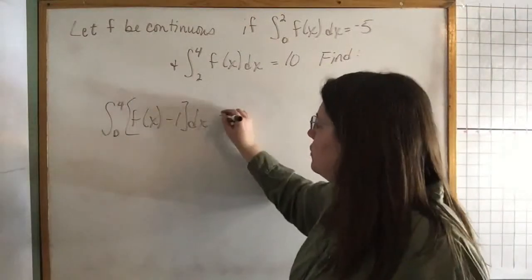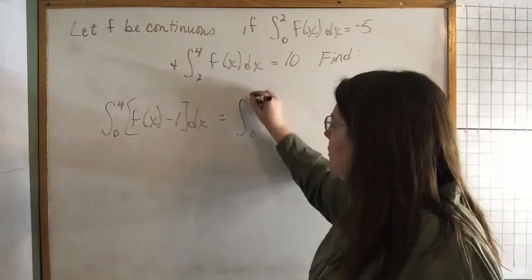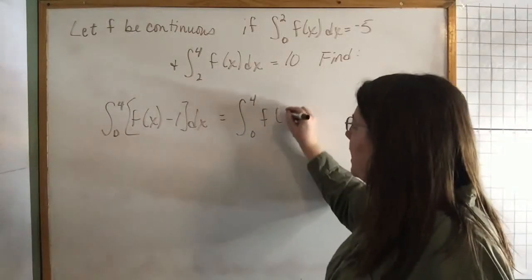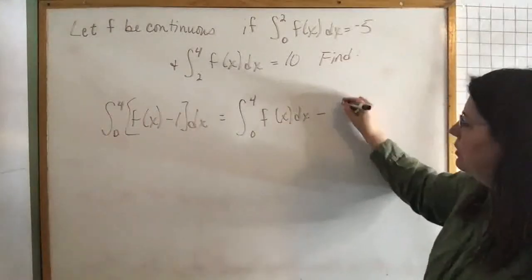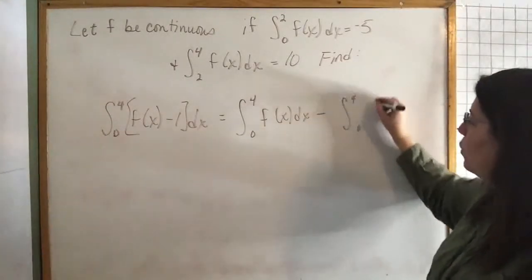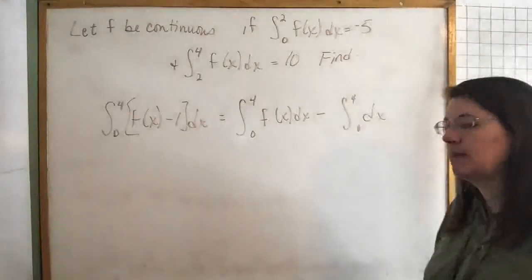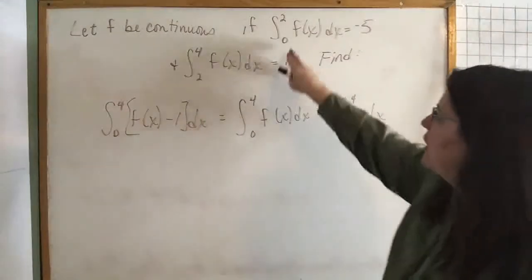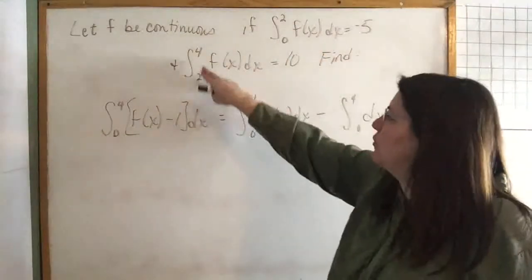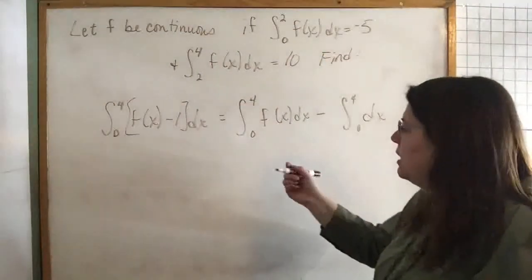So that's what I'm going to do first. That's the integral from 0 to 4 of f of x dx minus the integral from 0 to 4 of 1 dx, or just dx. And then for this, I can break it up. This goes from 0 to 2, and then this goes from 2 to 4. 2 is between 0 and 4.